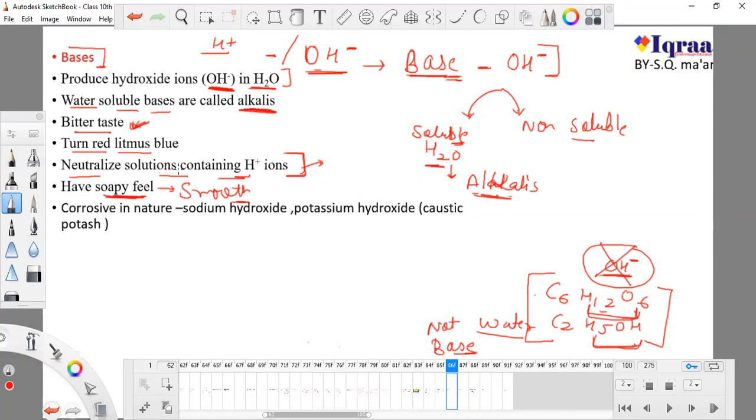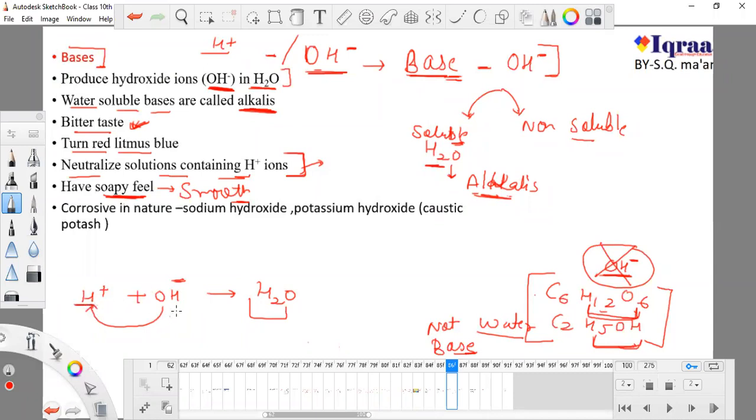Now what is the meaning of neutralizing H plus ions? Remember that when there is H plus ion and I use this OH ion, it will form H2O. We studied in our previous class how milk of magnesia can be used. So this OH or base can nullify the effect of H plus, or calm down the effect of acid, or remove the effect of acids.